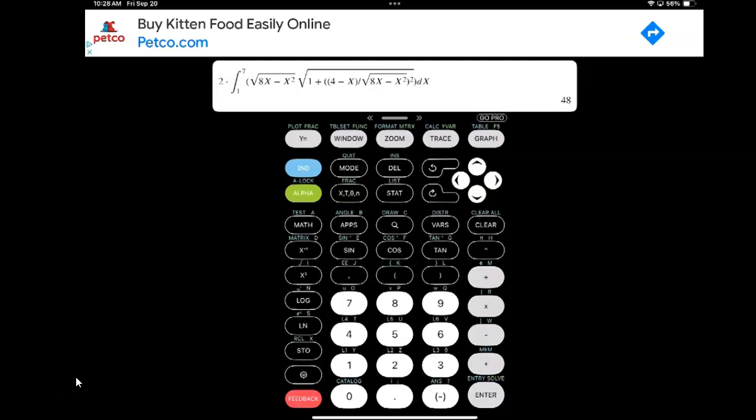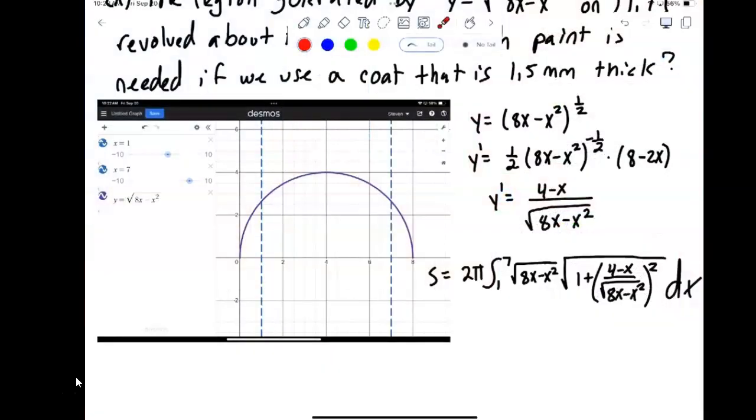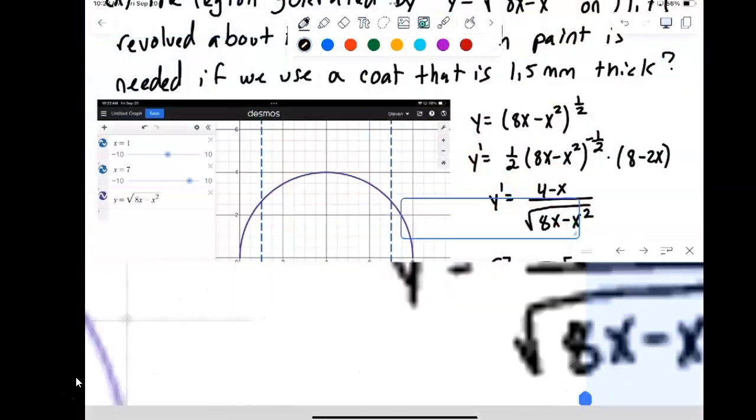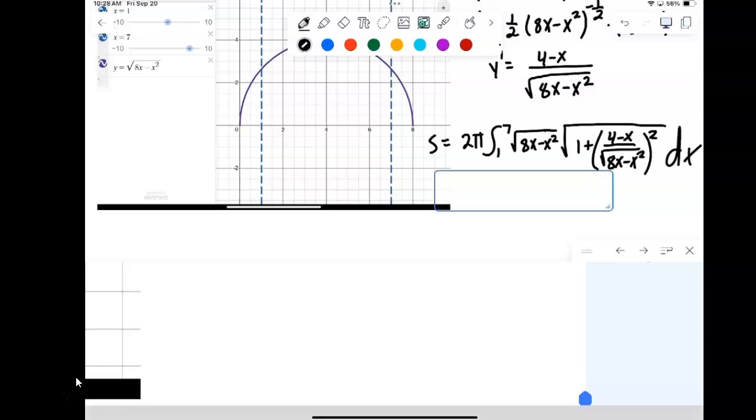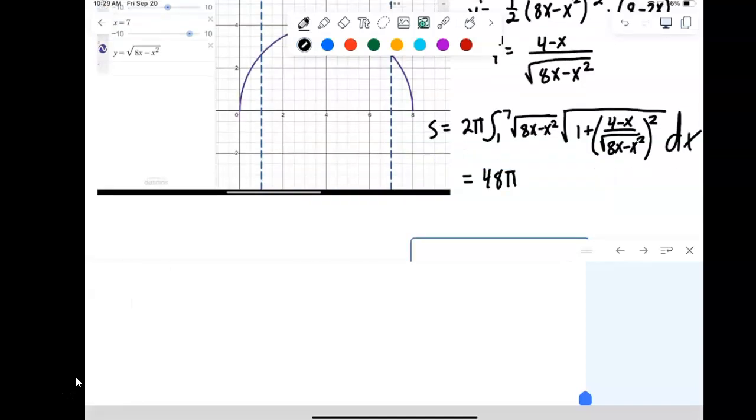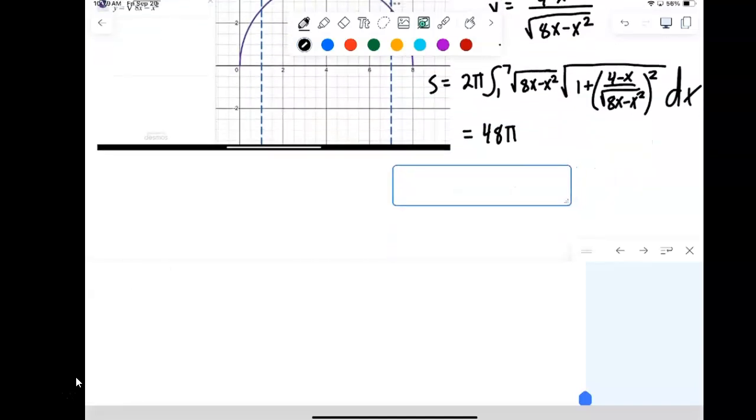And so, of course, the real answer would be 48 with the pi attached. So, 48 pi. That's the surface area.